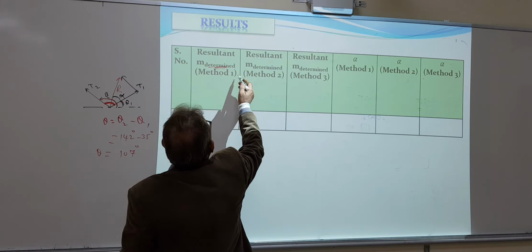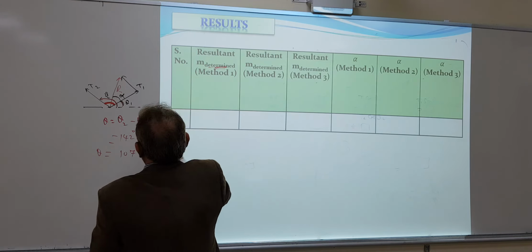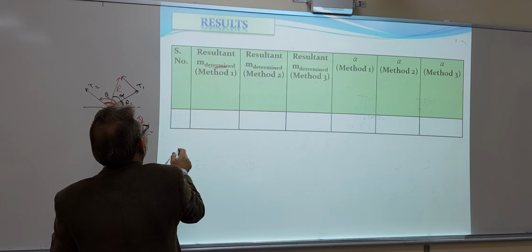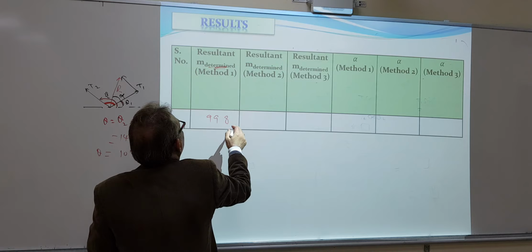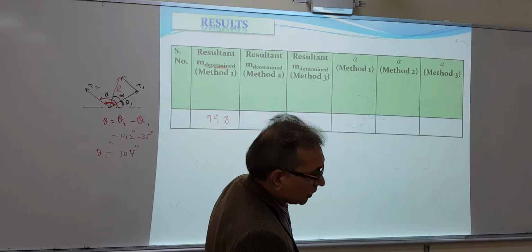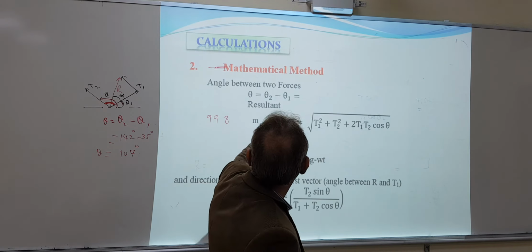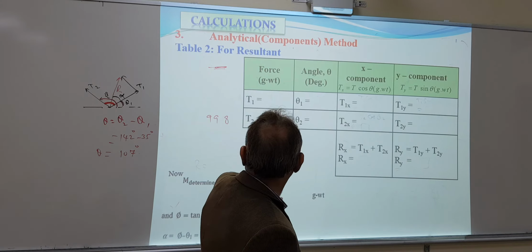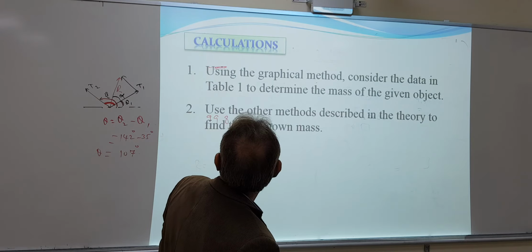First method, the graphical method: for example, you got 9.19 centimeters multiplied by 10, it will be 99 grams. So you can write 99 grams. The second method was the mathematical method. What is your result? You will write down there. And similarly, the third method, your magnitude of the resultant, you will write down here. That's it.